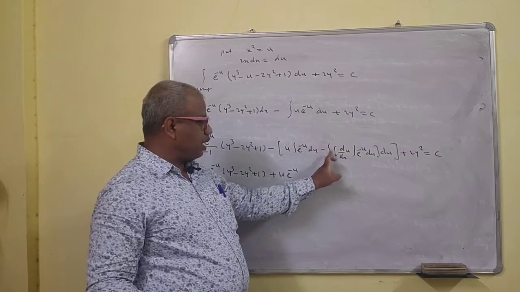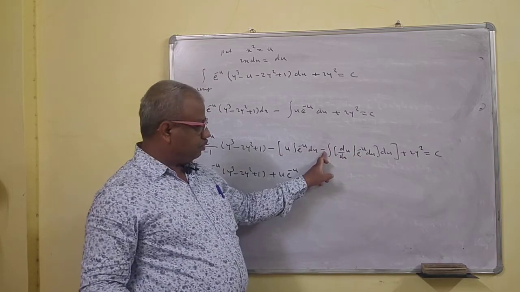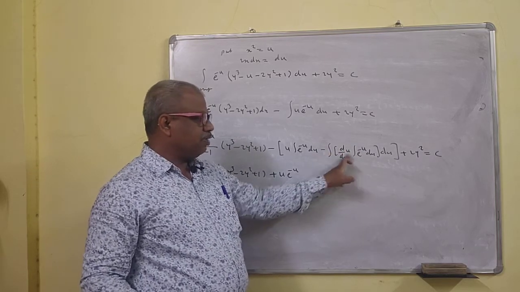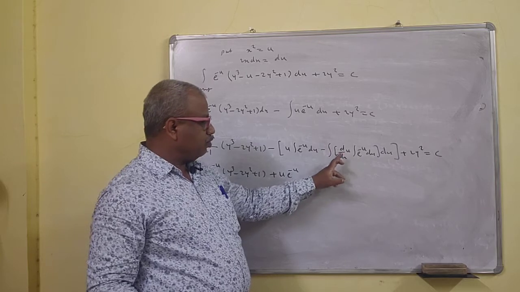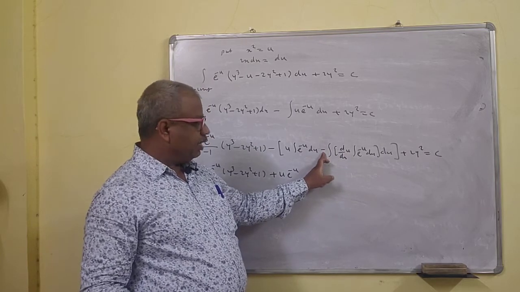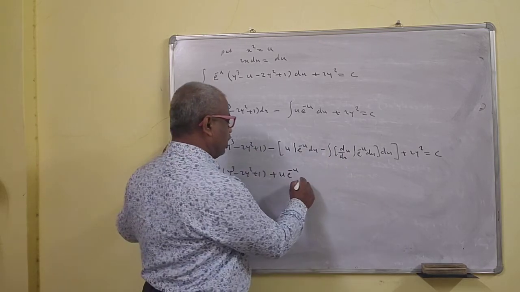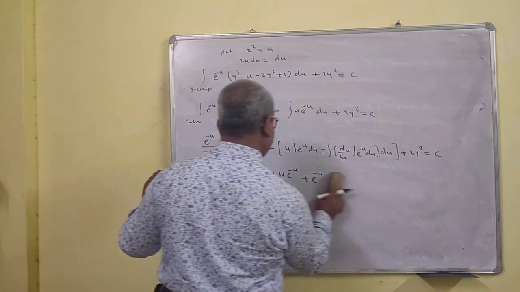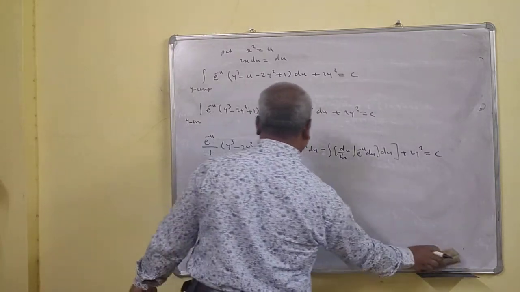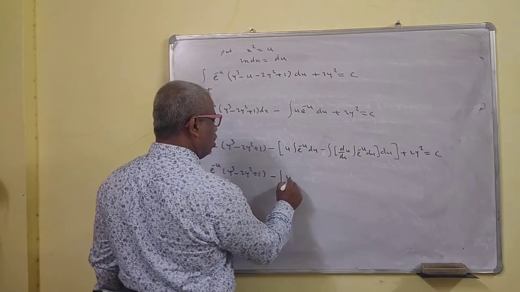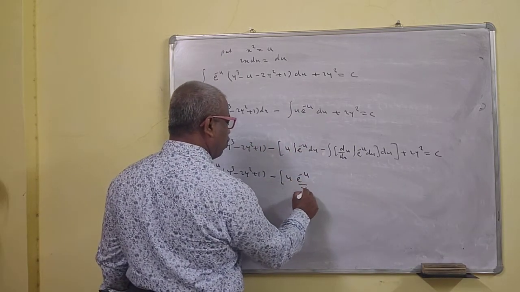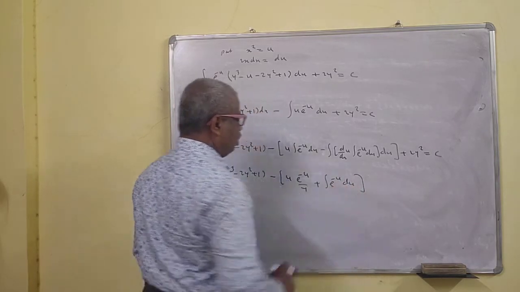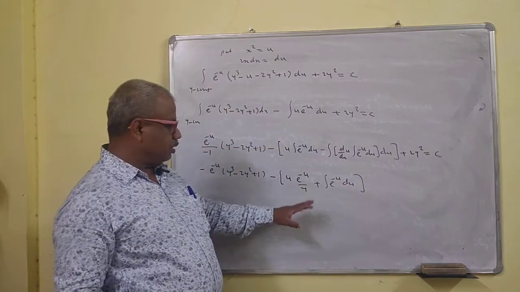Integration of this, minus this becomes plus, so here only e raised to minus u remains again. Then plus e raised to minus u. Okay, without confusion we'll do this. Well, e raised to minus u upon minus 1 plus e raised to minus u du. Okay, we'll write this. We'll extend one step now.